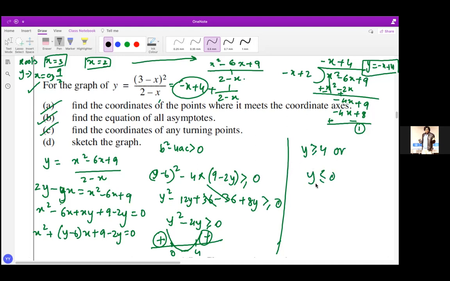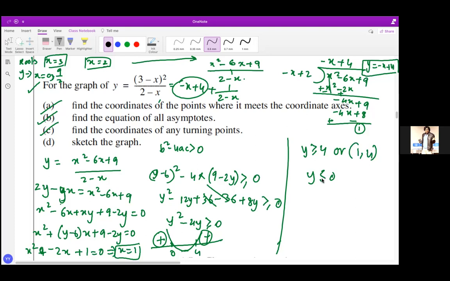And now you plug in y as 4 and solve for x. If I plug in y as 4, I get x squared plus (4 minus 6), which is minus 2, so minus 2x, and plug in 4, so it becomes 9 minus 8, which is plus 1, equals 0. So you get the root as x equals 1. So your point is 1 comma 4.